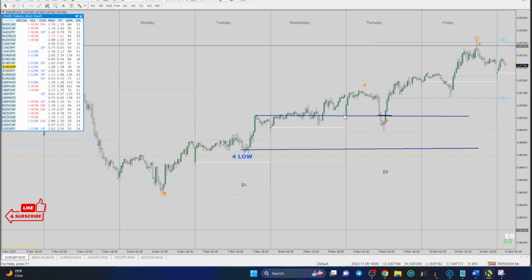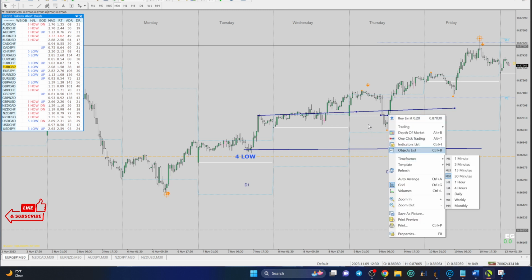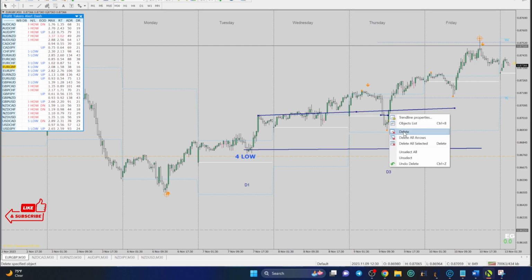Right at the Tuesday initial balance high, the area for us to take our profits. That's what I'm trying to say, guys. It was also the open price.